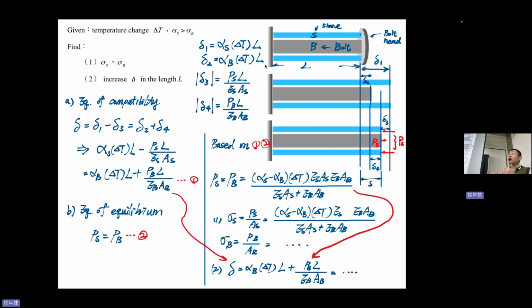Because of the extra constraint, the displacement or deformation is limited, so it will introduce a compatibility equation. I hope you can practice more, because all these problems are really complicated. It requires you to do the practice.